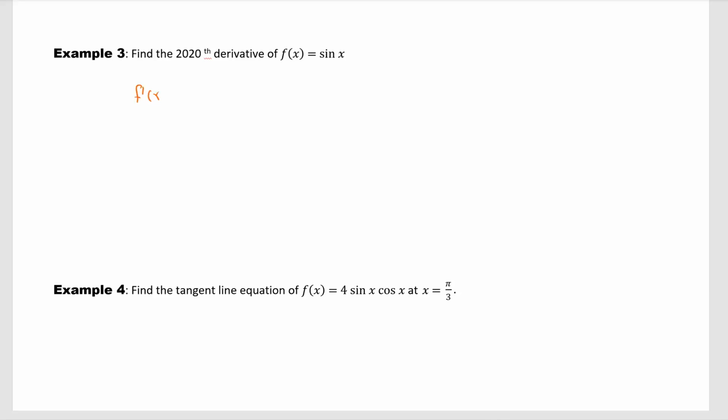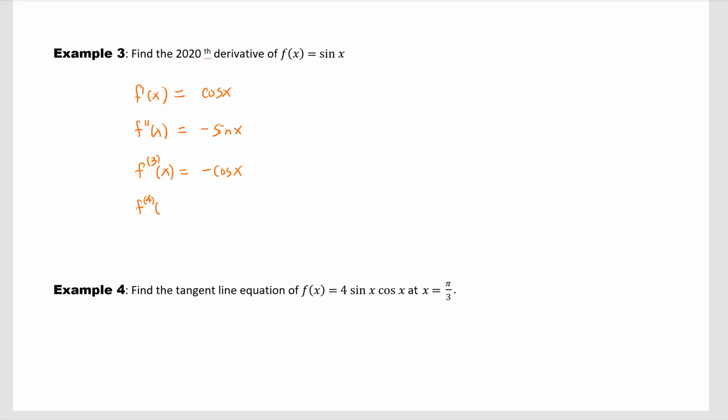Okay, what's f prime? The derivative of sine is cosine x. What's f double prime? The derivative of cosine is minus sine x. The third derivative of minus sine is minus cosine.